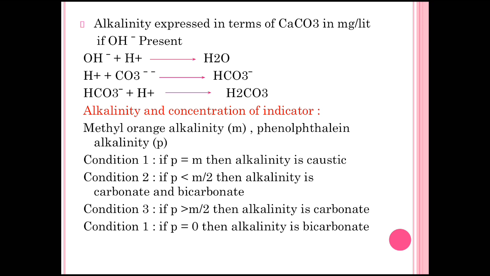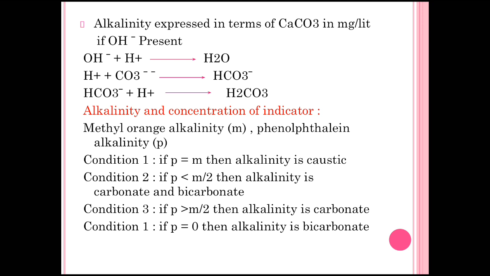We consider methyl orange alkalinity as M and phenolphthalein alkalinity as P. Now condition first: if P is equal to M, meaning the phenolphthalein alkalinity is equal to the methyl orange alkalinity, then the water becomes caustic. Caustic means it becomes basic when these alkalinities are the same in a water sample.